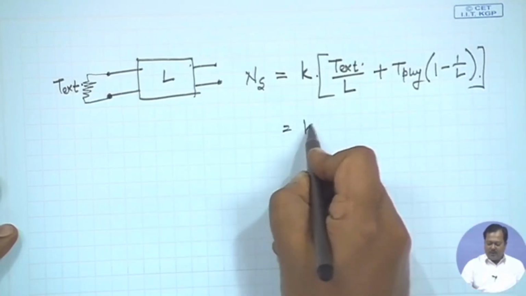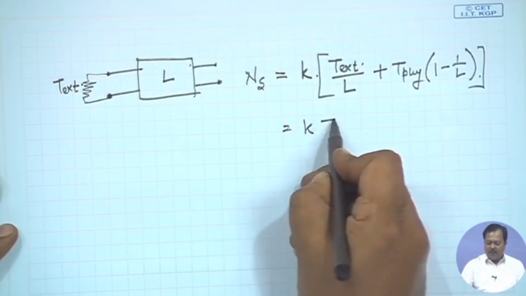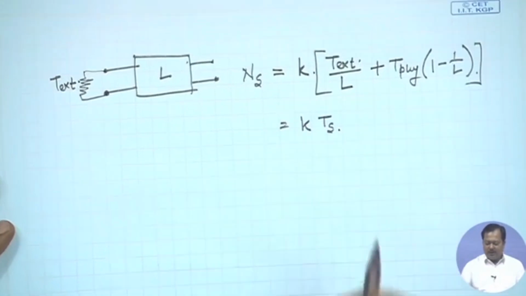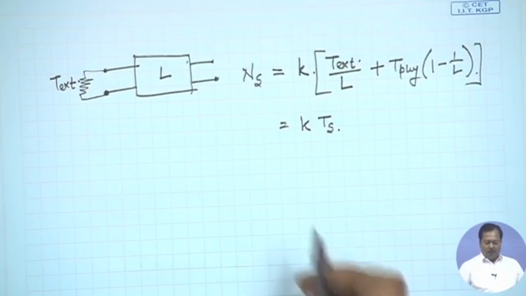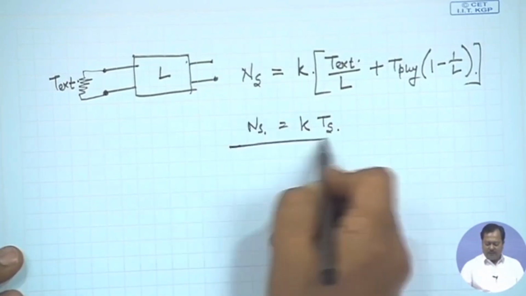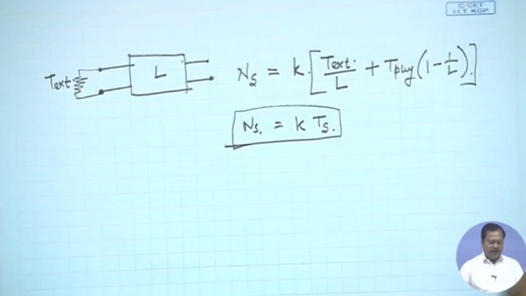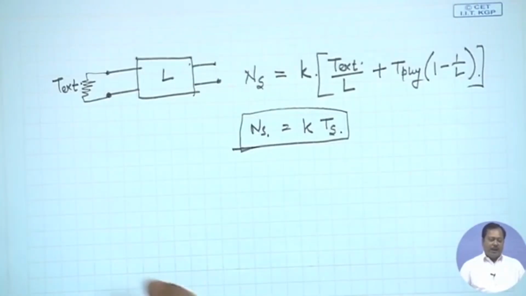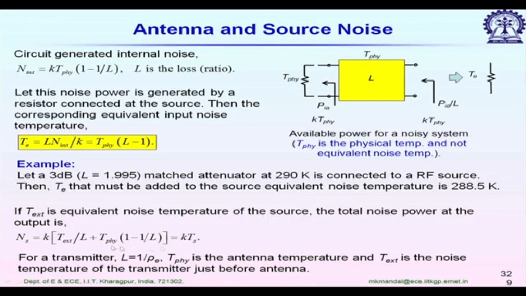We can represent it by some effective noise temperature Ts, K Ts. So, Ns is equal to K Ts.